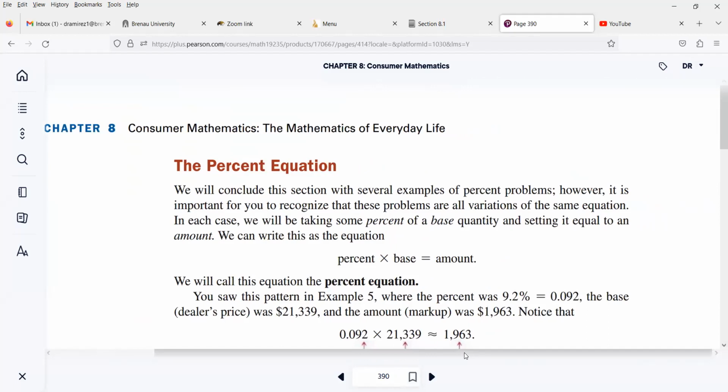However, it's important for you to recognize that these problems are all variations of the same equation. In each case, we will be taking some percent of a base quantity and setting it equal to an amount. We can write this equation as percent times base equals the amount.